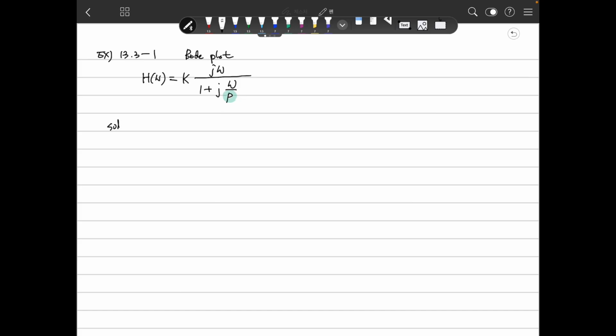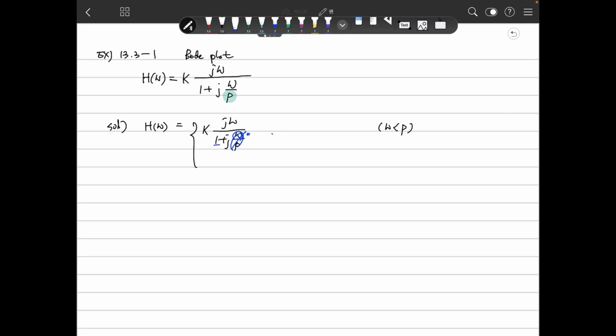H of omega can be represented when omega is smaller than P, then j omega over P is very small, so you can ignore that because omega is very small.